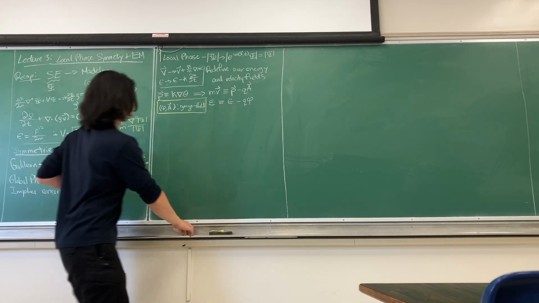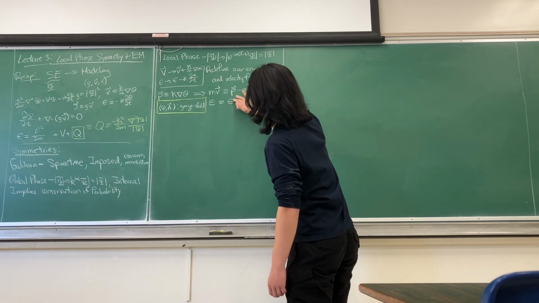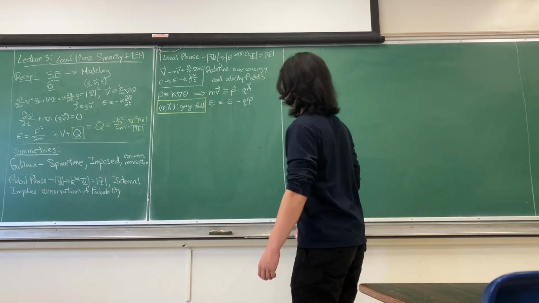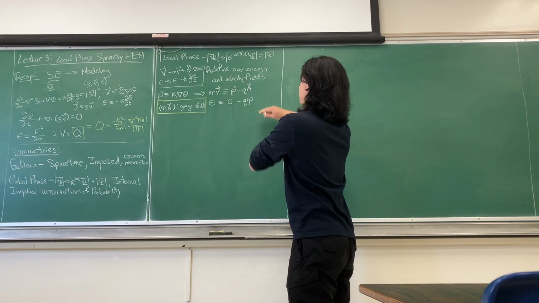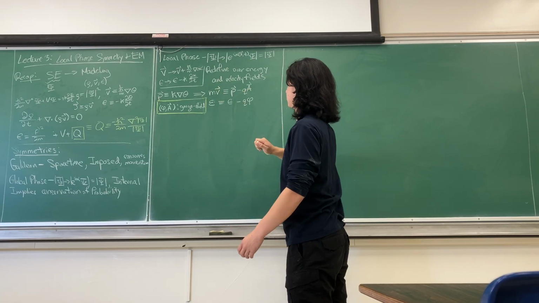Okay, why can we do this? There's math reasons why this works. I don't think I want to talk about that right now. Just accept that this is something that we have to do in order to get this local phase symmetry.